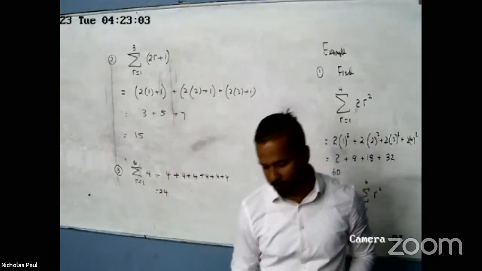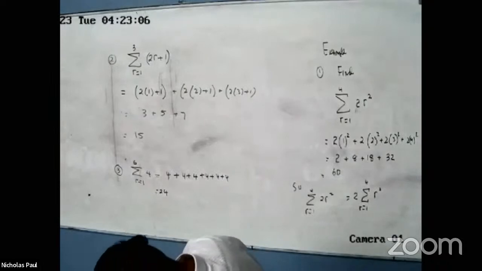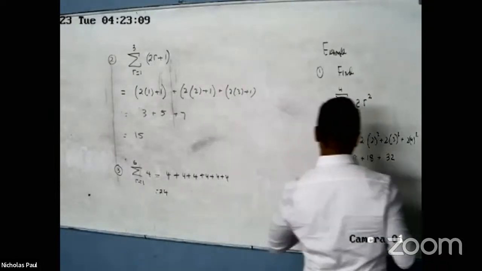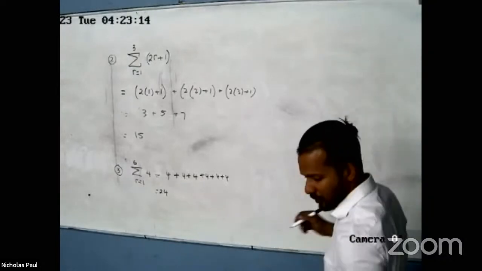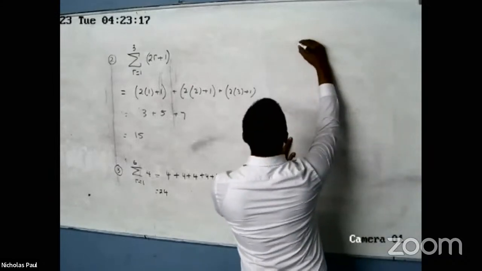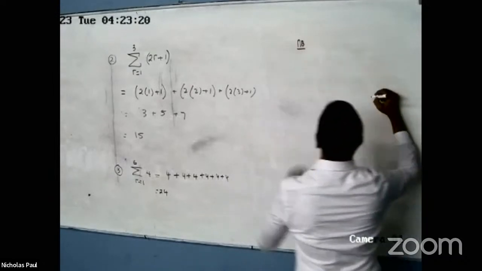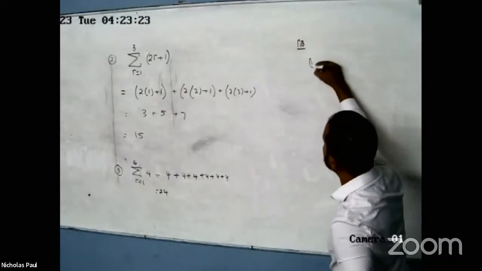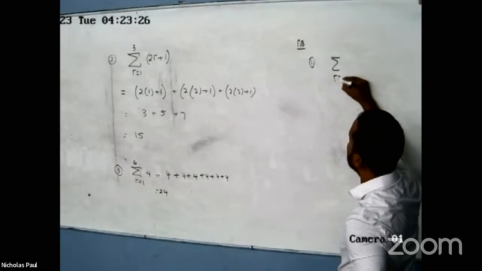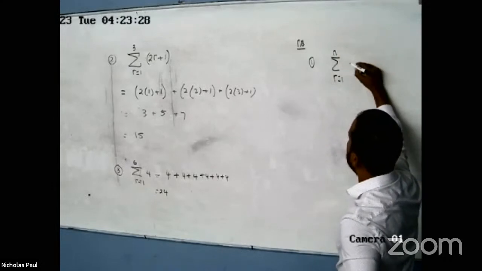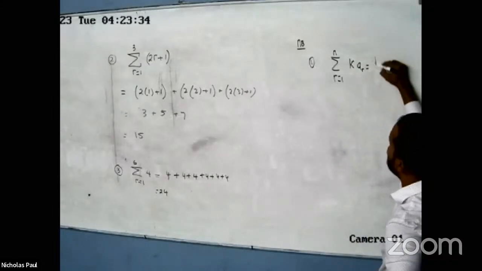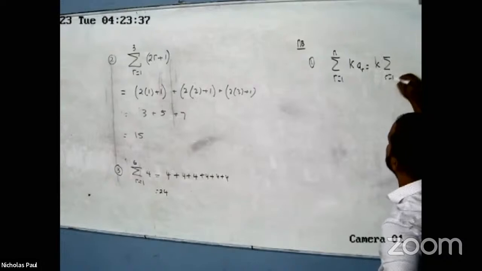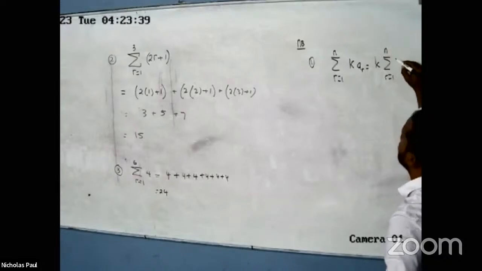So from that, I want to give you a few rules here. Rule number one. If you sum r going from 1 to n of k times any function of r, we can take the k and pull it outside.